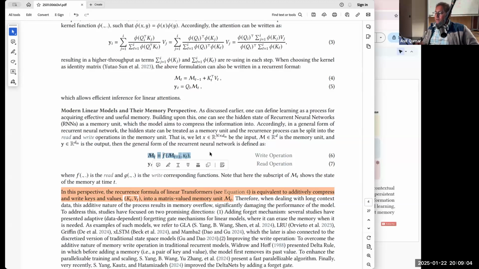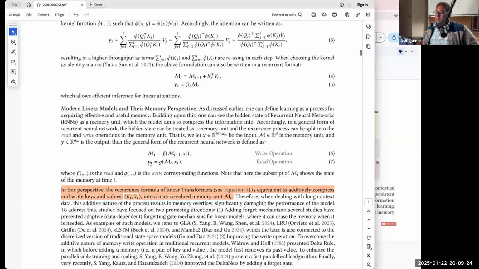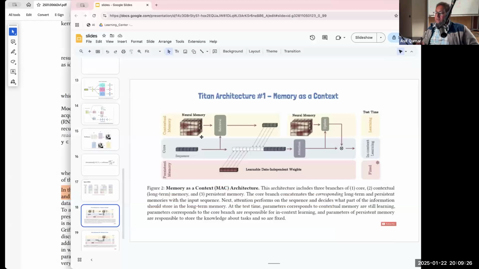I think we verbally said that, right? The new state of the memory is based on two things: the new information coming in and the delta between the new and old information. That's what the function F is here. We'll explain the F in a little more detail below. And then the read operation is nothing but how you retrieve the information from the memory.